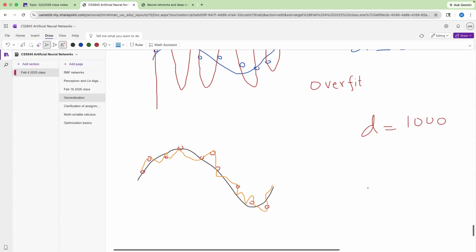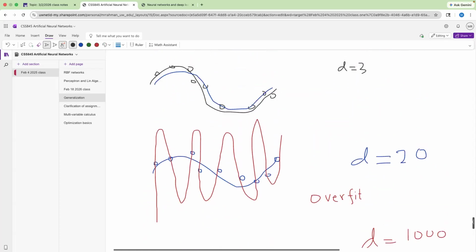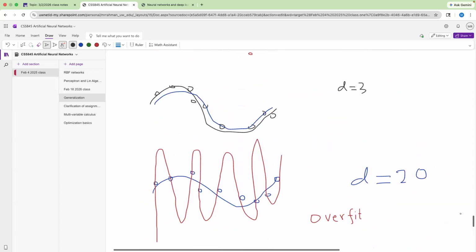Okay, so this is the fit that we get for a 1000-degree polynomial. So it seems like it's not overfitting as horribly as for d equal to 20, right?